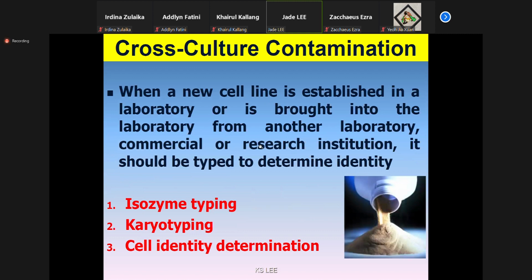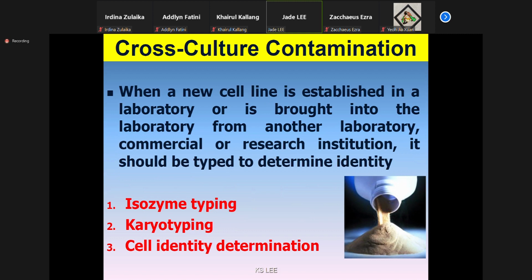When a new cell line is established in the laboratory or is brought into the laboratory from another laboratory, commercial or research institution, it should be typed to determine its identity. Because if you don't identify the identity, it is impossible for you to proceed to the next step.